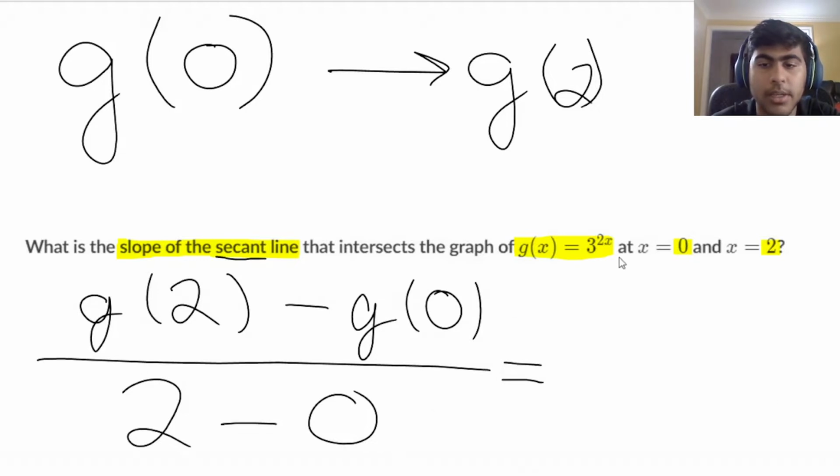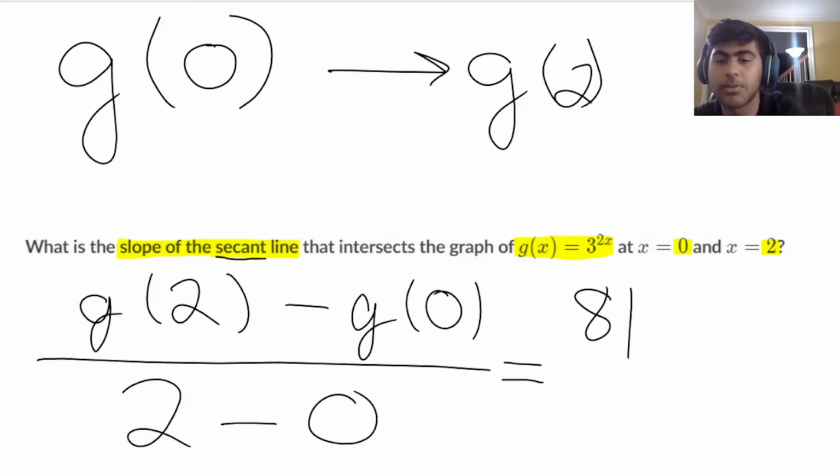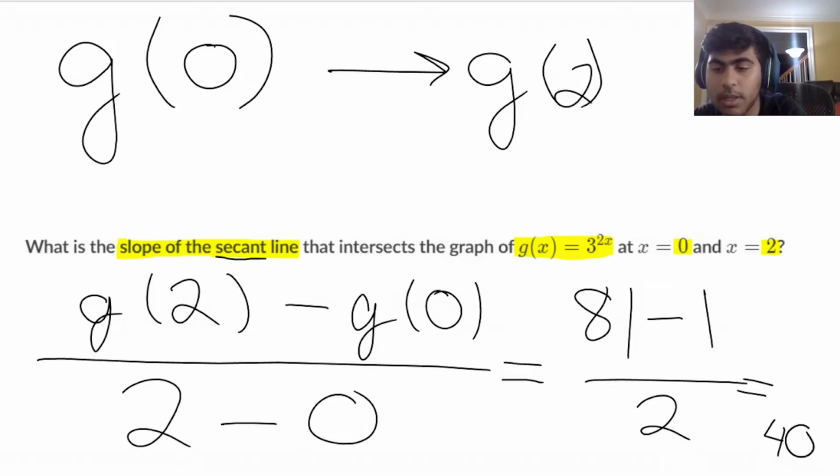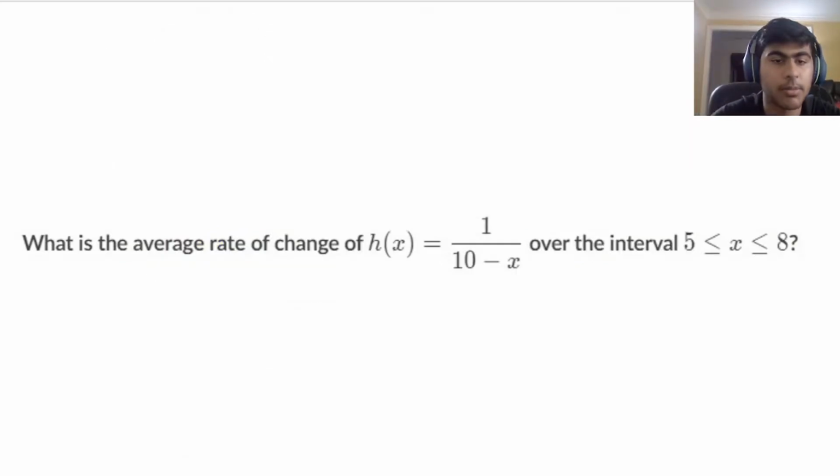So we plug in 2, and we get 3 to the 4, 81. Plug in 0, 3 to the 0 is 1. So 81 minus 1 over 2 equals 40. All right, let's keep going.